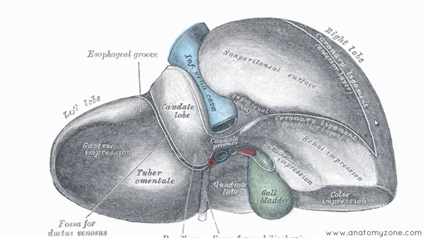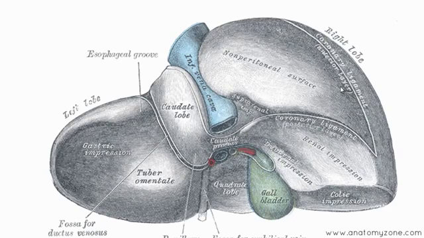The right triangular ligament is formed in this lower extremity of the bare area of the liver, where these two layers of the coronary ligaments fuse, and this right triangular ligament passes to the diaphragm. So the peritoneum covers the whole liver except for this area at the back of the liver, called the bare area.